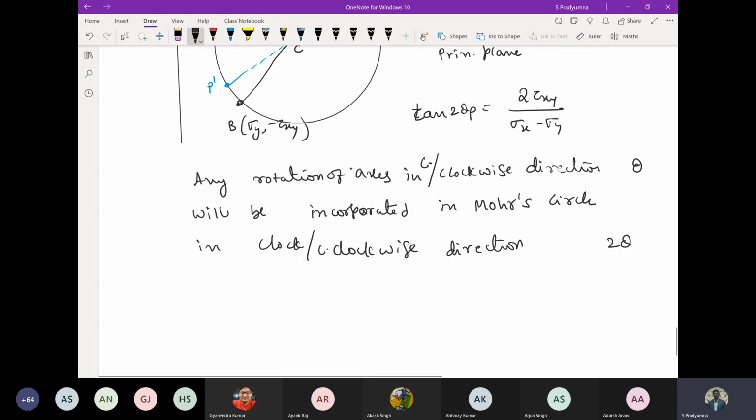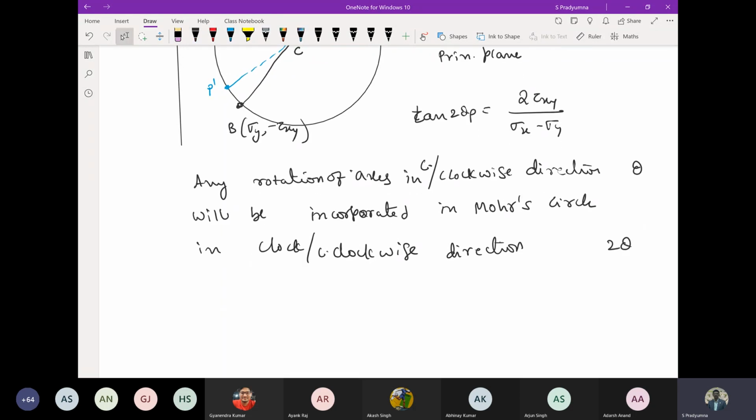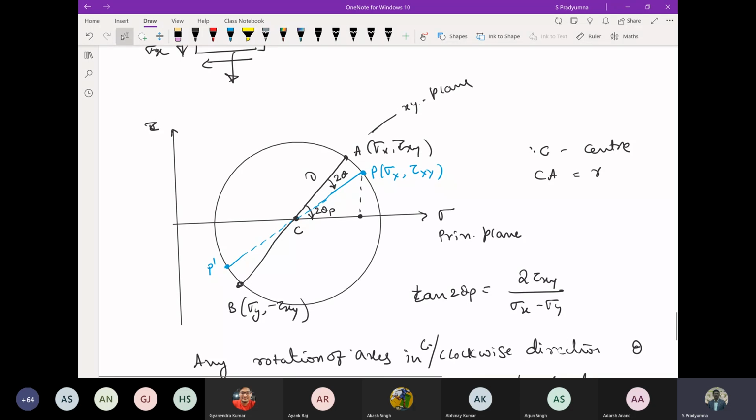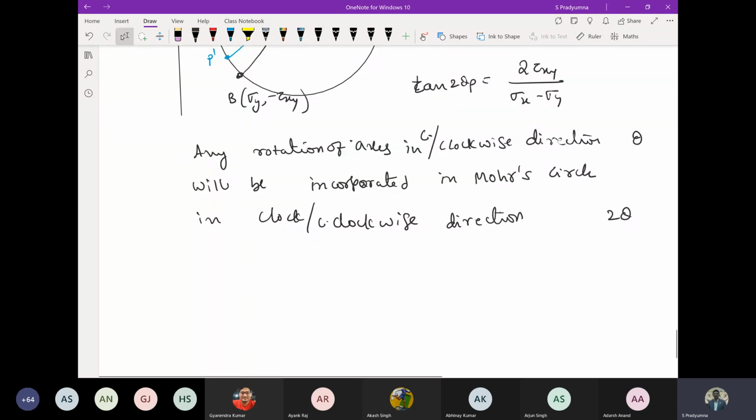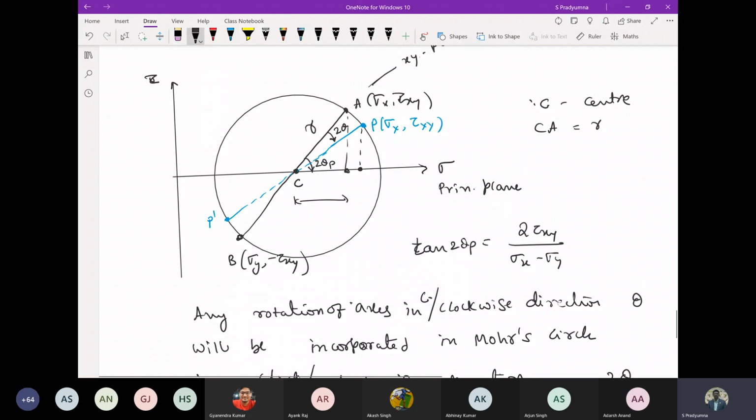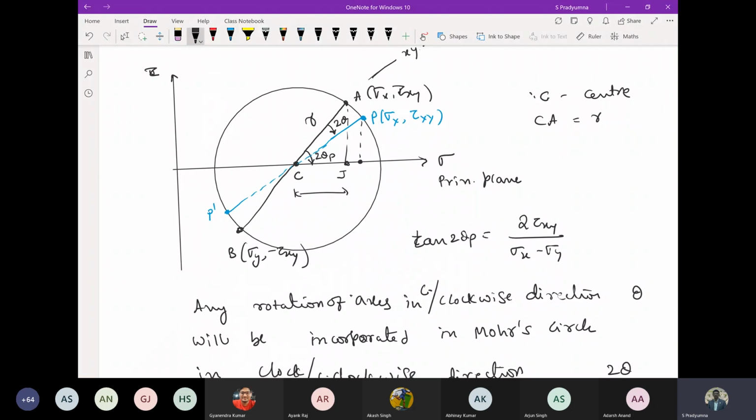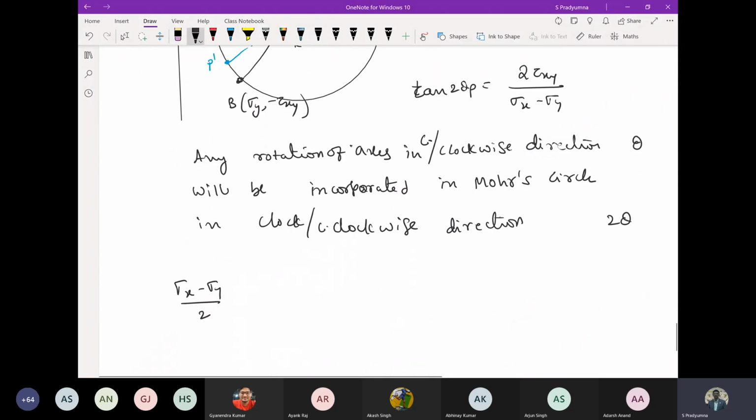Now, if you look at the figure, this AC is equal to R. So what is this equal to? In that case, you can find out here sigma X minus sigma Y by 2. That is what my CJ is, right? Earlier I wrote that.